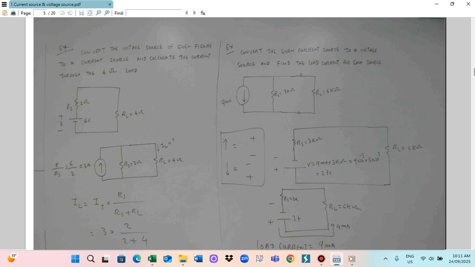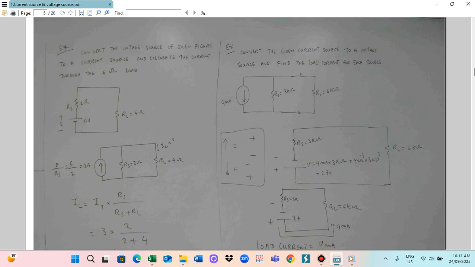So this 3 ampere is multiplied by RS and divided by RS plus RL. So IL is I total multiplied by RS divided by RS plus RL. The I total is 3 ampere, RS is 2, RS is 2, RL is 4. So this is 12 divided by 6, you get 2 ampere. The current is 2 ampere.